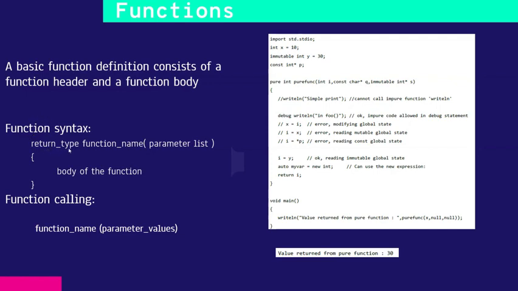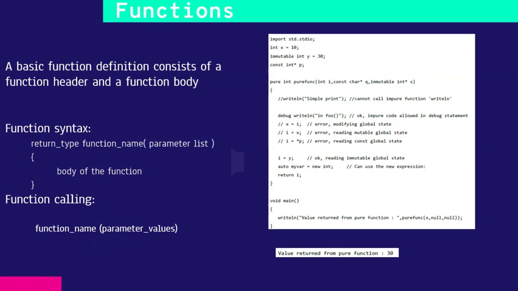First, we need the return type, then the function name, and then the parameter list. This is the declaration of a function. So if we want to call this function, we have to call it in this way: the name of the function, and we have to give the parameters.